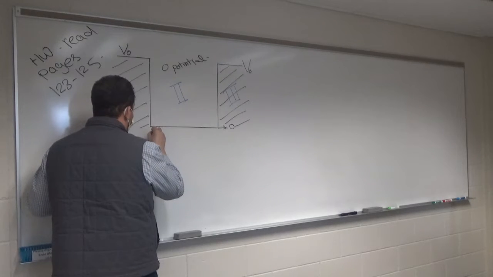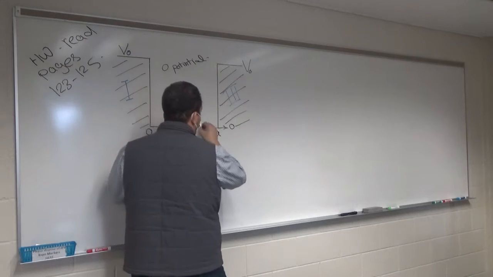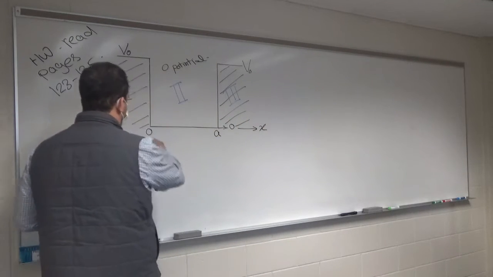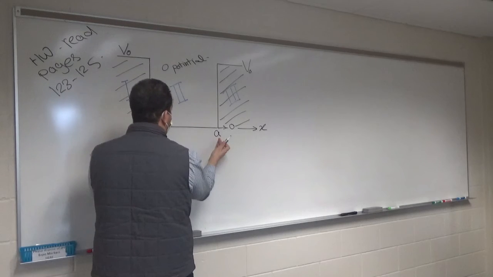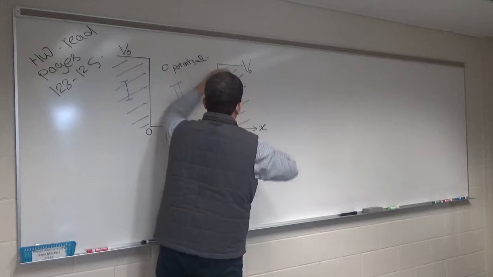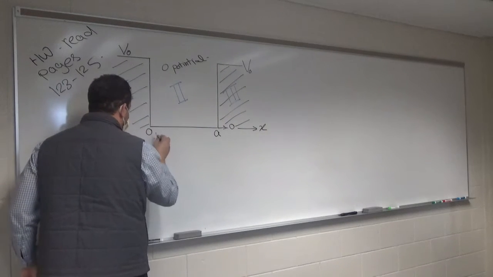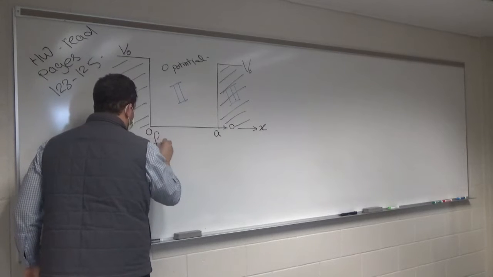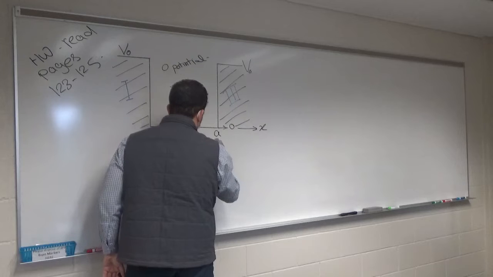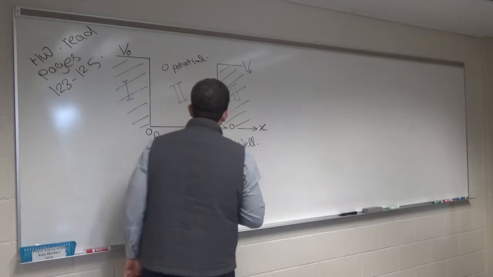So maybe here we have 0, and here we have A, and this represents the x-axis. So this is 0, and this is A, that represents the width, and the height actually is the potential. Okay? So let's do that. This is the finite potential well.